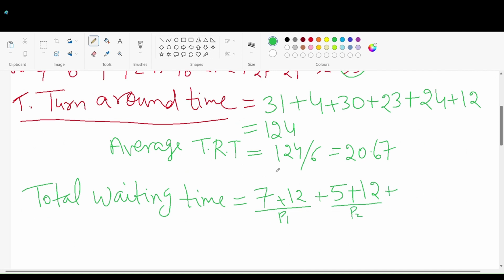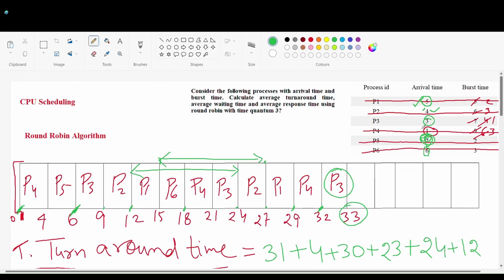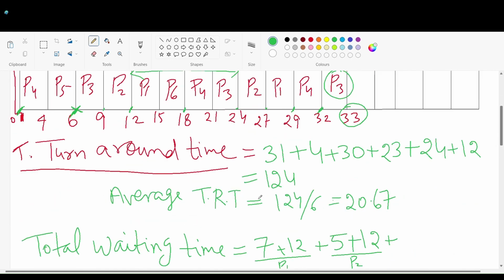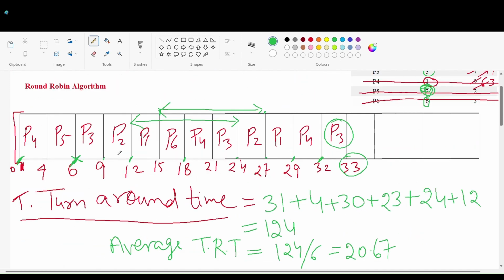Then P3 enters the system at 3 and P3 starts the execution at 6. So 6 minus 3 is 3. So the first waiting time of P3 is 3 plus, P3 will start again at 21. So 9 to 21 is the waiting time of P3.